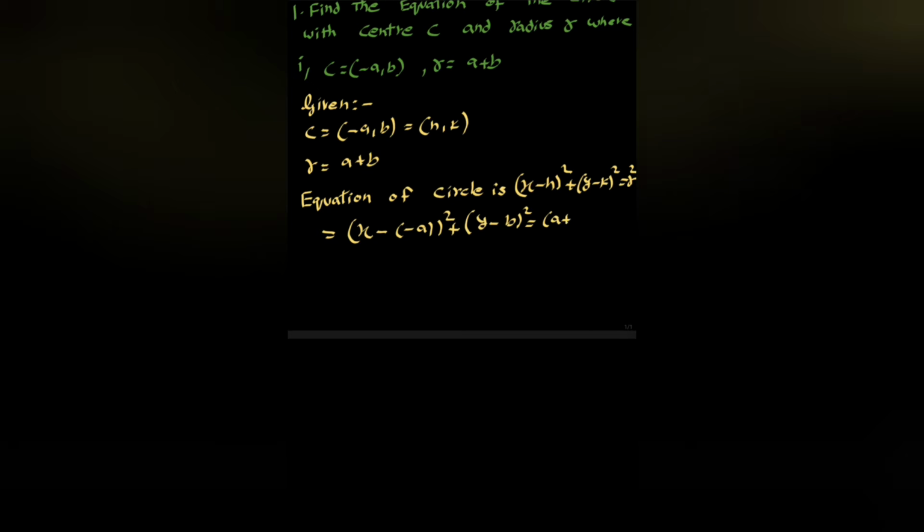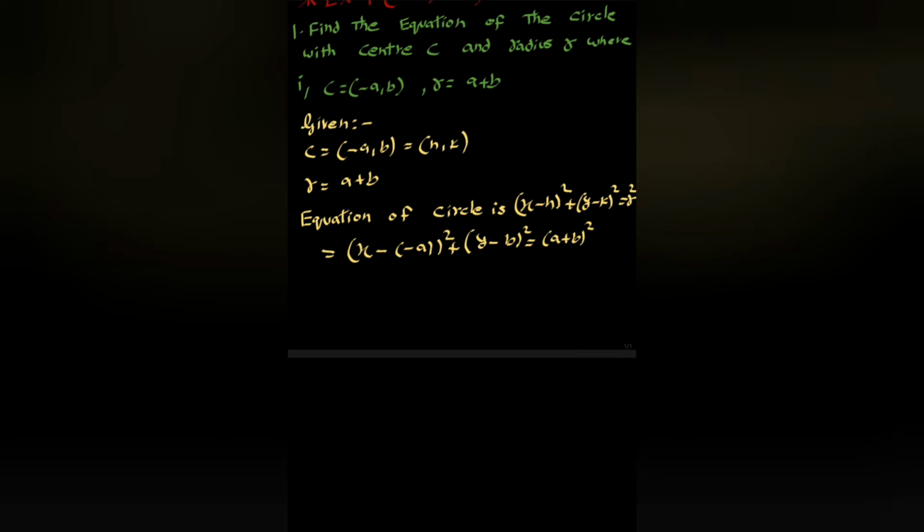Here h is equal to minus a and k equal to b. So substitute, we get x minus of minus a whole square plus y minus b whole square equal to r, that is a plus b whole square.